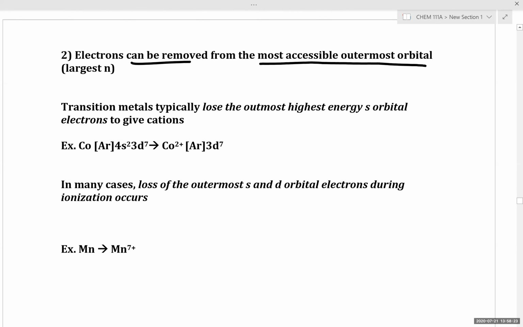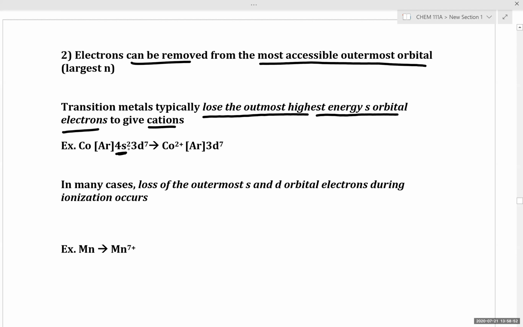Since the s orbital electrons are the farthest away from the nucleus, they are the most accessible, the most readily lost electrons. So just to keep things short, sweet, and to the point, transition metals typically lose the outermost, highest energy s orbital electrons to give cations. So for example, cobalt will lose its 4s electrons.